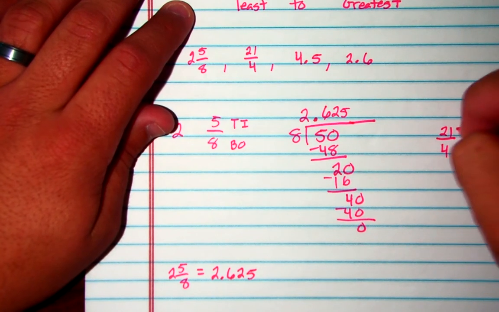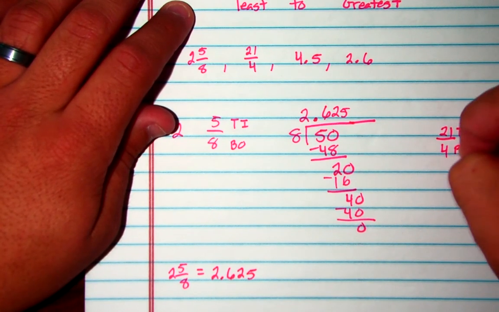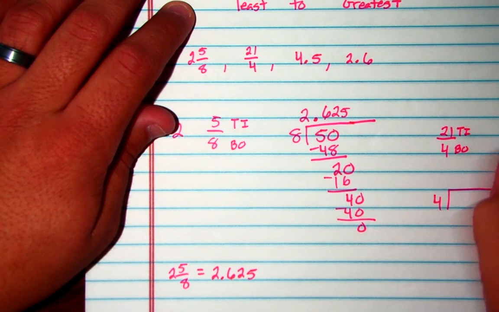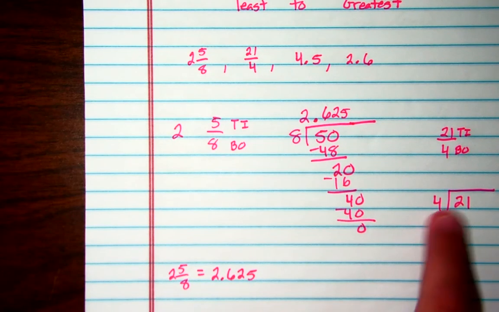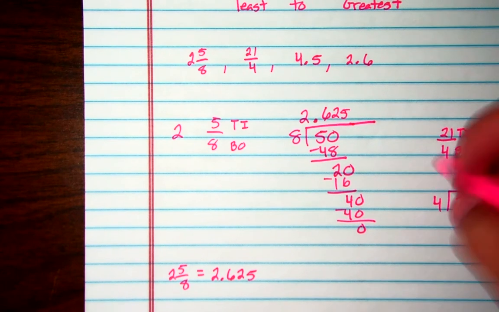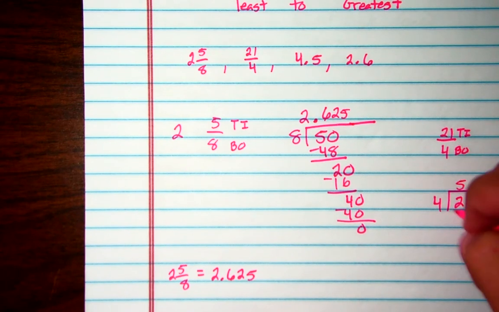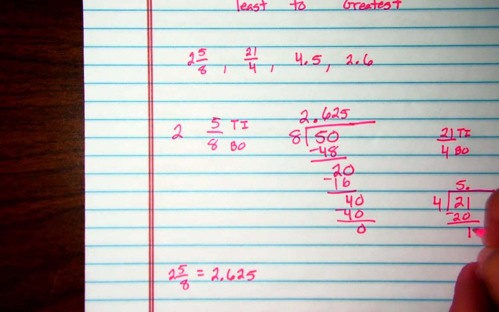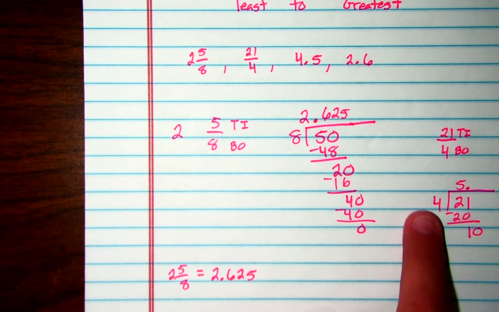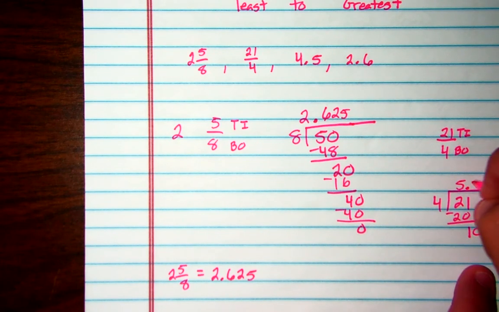Again, top in, bottom out. Well, can 4 go into 21? Well, yes, it can. 4 can go into 21 5 times. Can 4 go into 1 now? No, so you add your decimal and add a 0. 4 can go into 10 2 times.